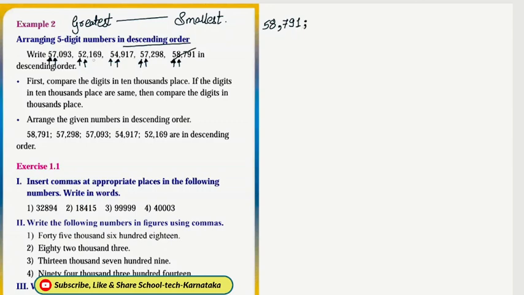In the remaining 4, we have 7, 2, 4, and 7. Since 7 and 7 are equal, we move to the hundreds place. At the hundreds place, we have 0 here and 2 here. 2 is greater than 0, so we write 57,298. And since we have at the thousands place 7, here 2 and here 4, we know this is definitely the greater number.